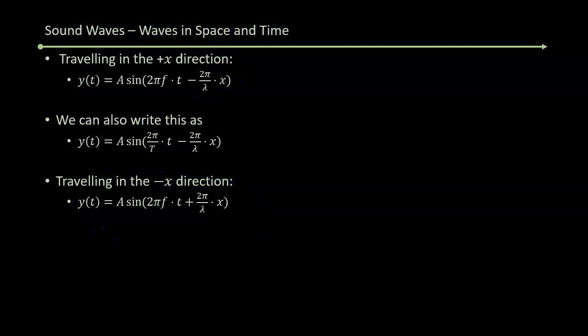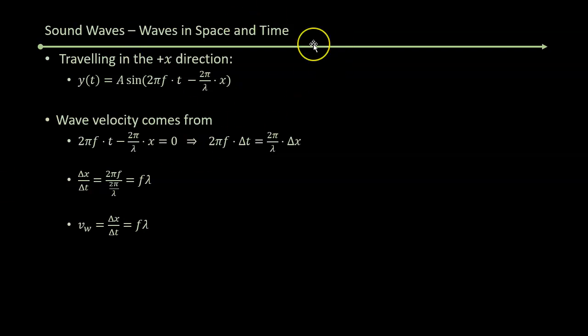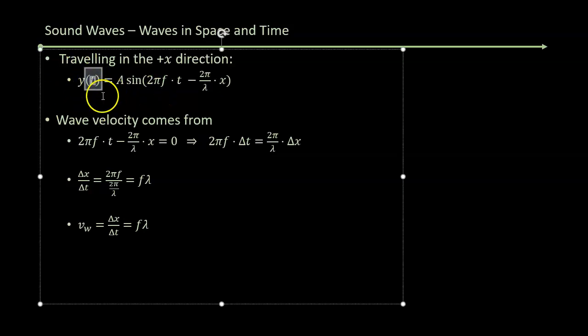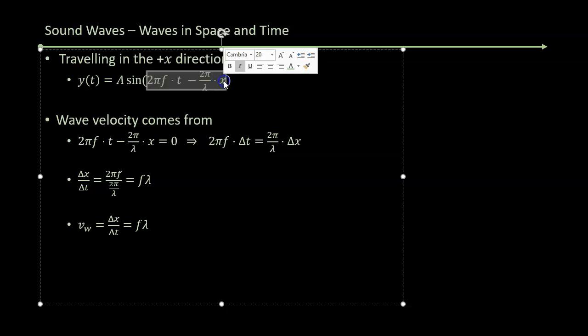Why is that? Well, if we look at a wave traveling in the plus x direction, let's say you want to sit on top of a peak on this wave and stay on top of that peak. Let's say you're a surfer and you want to stay right on top of the peak of the wave and stay in the same position. Well, to stay in the same position on the wave where the amplitude is always the same, that should actually have a t comma x in it, for any little change in time and change in position, this inside the brackets has to have the same value.